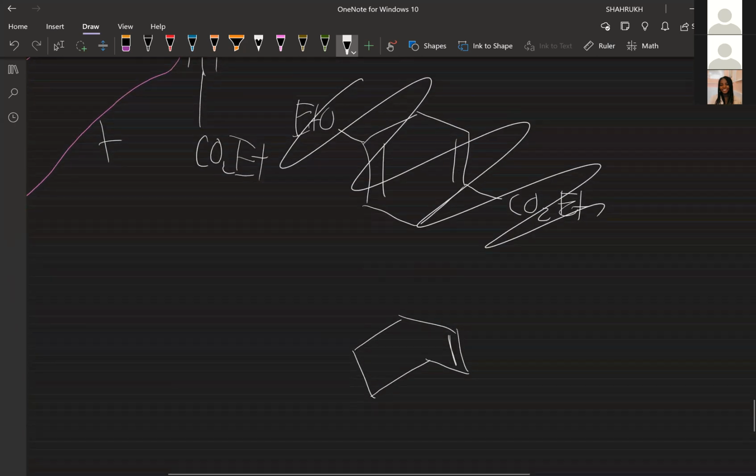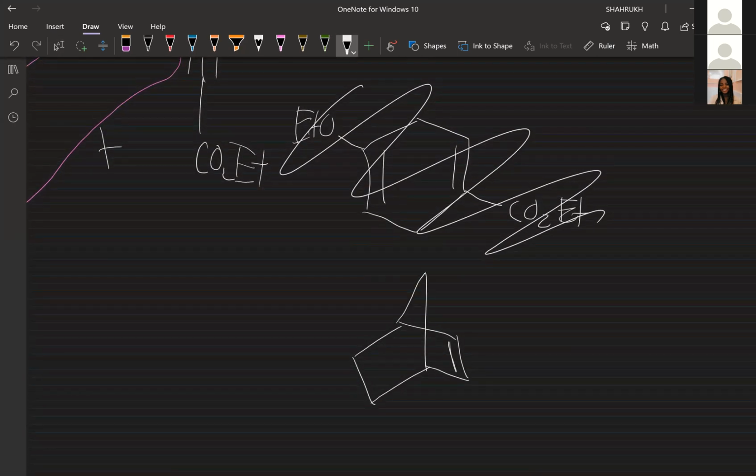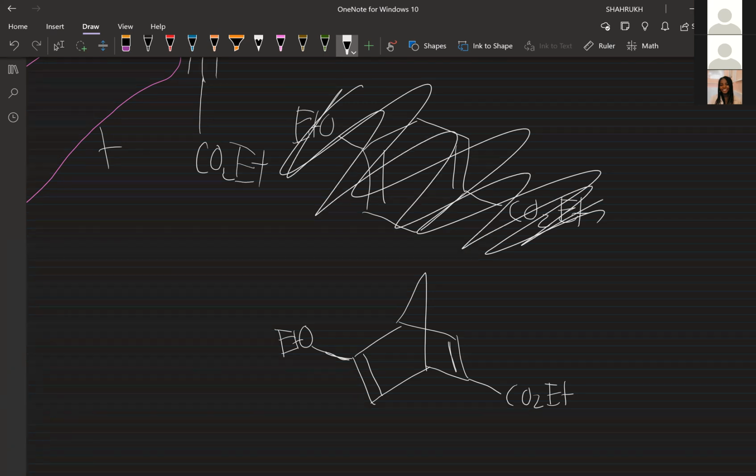Second, make sure I do this correctly. Should be flat, right? So notice I'm not really going up or down. I'm just kind of extending it as being flat here. And this should be ETO. This is also flat. ETO. Sorry, ignore that structure up there. Sorry about that, guys.